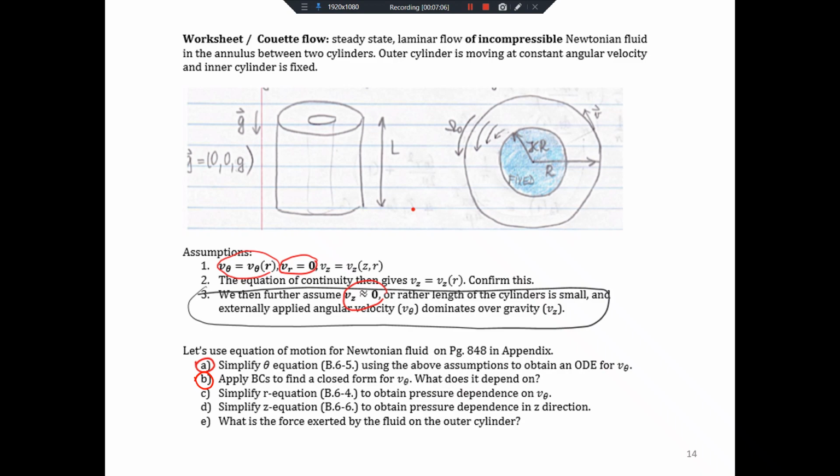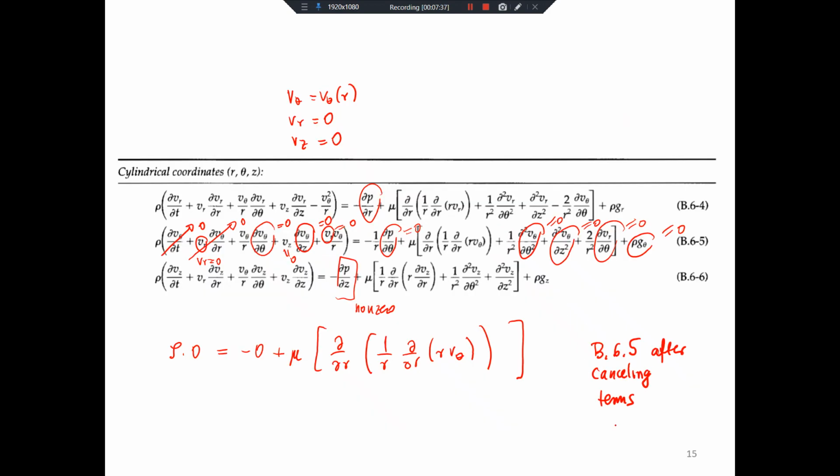It really just depends on omega 0, kappa, and R. It depends on r, of course, but the constants that play a role are omega 0, R, and kappa, which come from my boundary conditions. Now I'm also asking you to simplify the r equation to obtain the pressure dependence on r. So the r equation is this one.